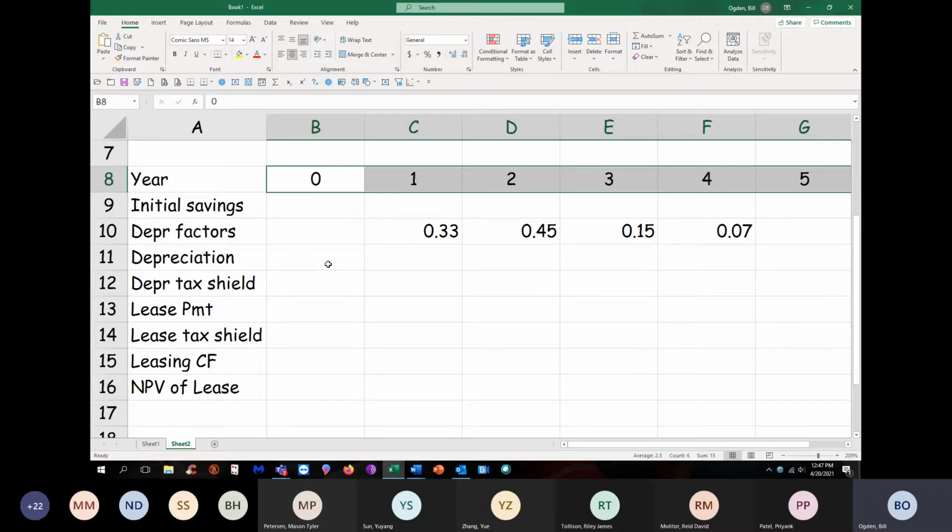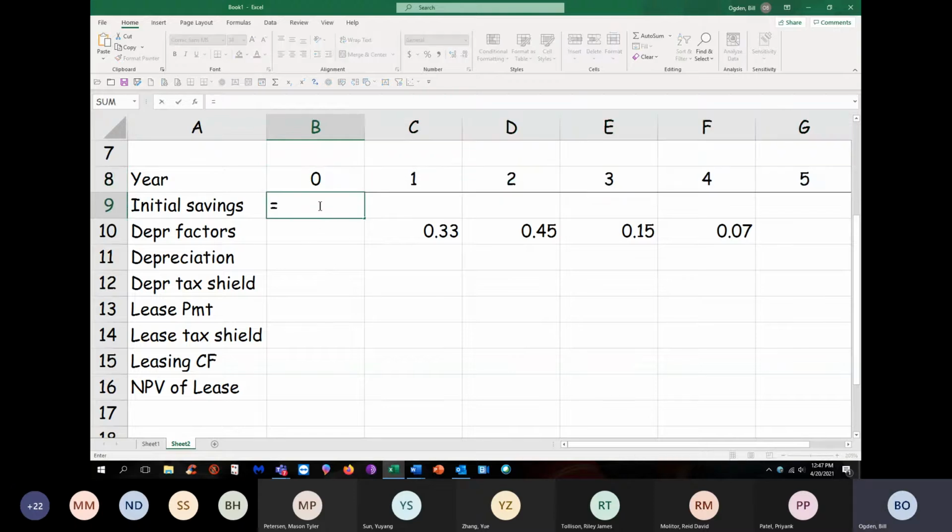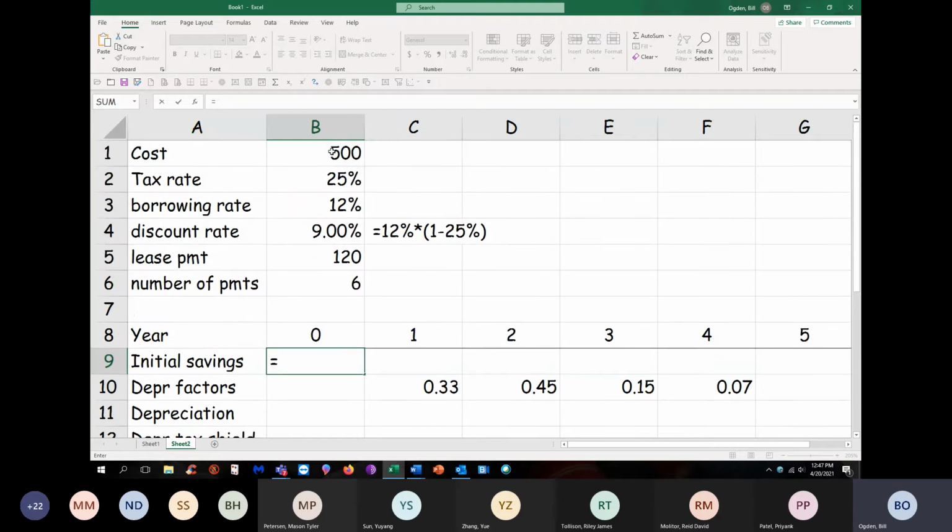So let's start out. If you lease, you avoid purchasing the asset. Therefore, you save money initially equal to the cost of the asset. If we lease this asset, you don't have to buy it, so initially you save $500. But as a lessee, you do not have ownership of the asset, so you forgo the depreciation tax shields.